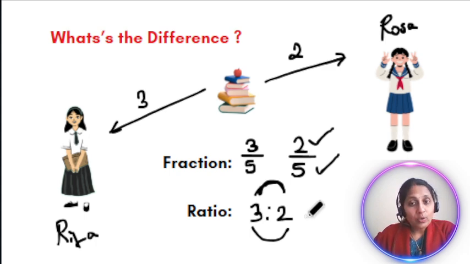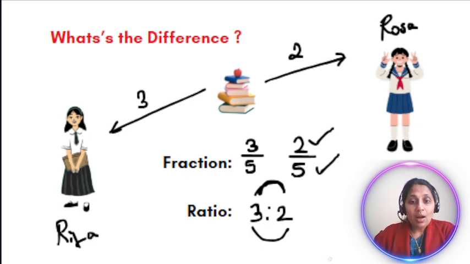So there are totally 5 parts. In that, I'm giving 3 to Ria and 2 to Rose. So ratios are not always the same as fractions. Fractions represent the whole, whereas a ratio can represent the whole as well as compare the 2 quantities. I hope you are getting clear with the basic concept.